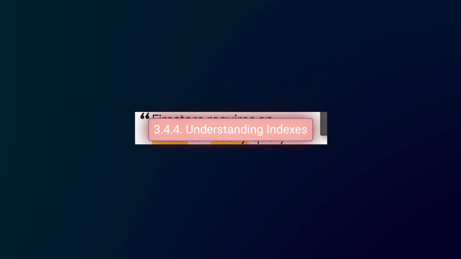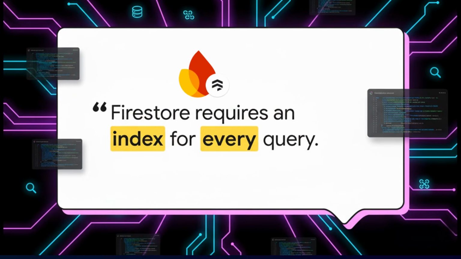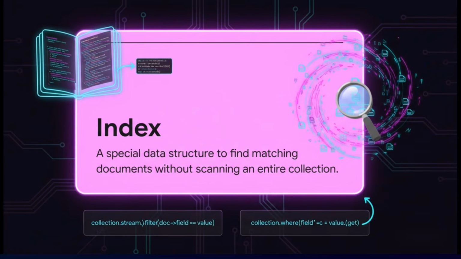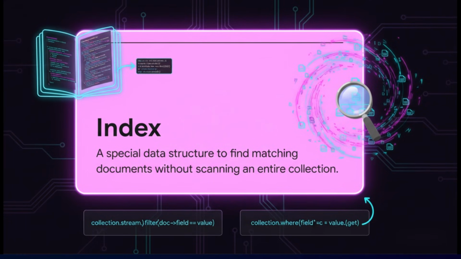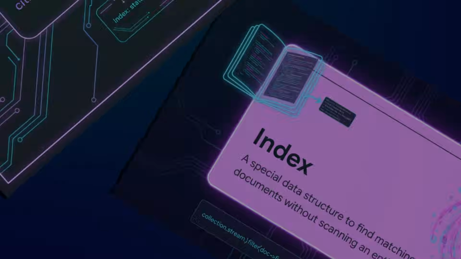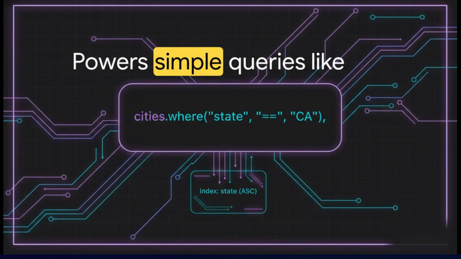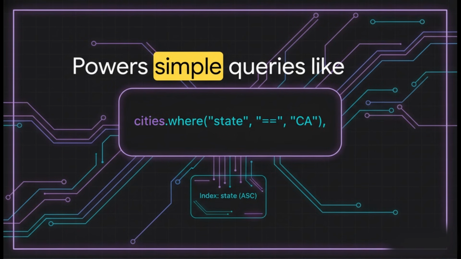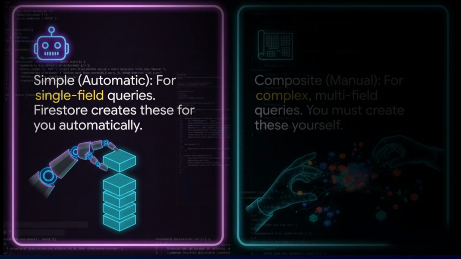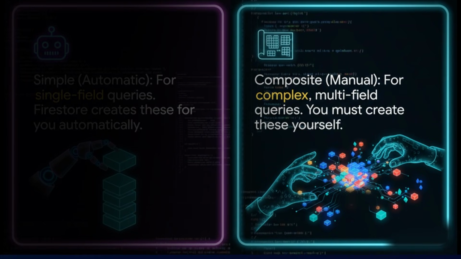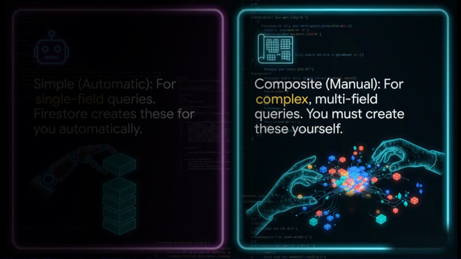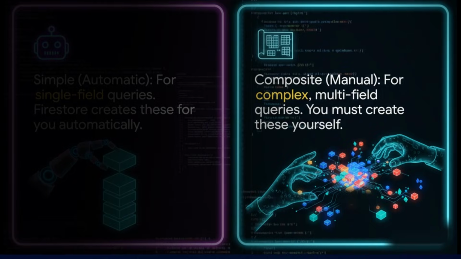Understanding indexes. Firestore requires an index for every query. An index is a special data structure that allows the database to find the documents that match a query without scanning the entire collection. Single queries, like a single where clause, are automatically indexed. However, for a more complex query, for example, combining multiple where clauses and an orderBy clause, you will need a composite index.